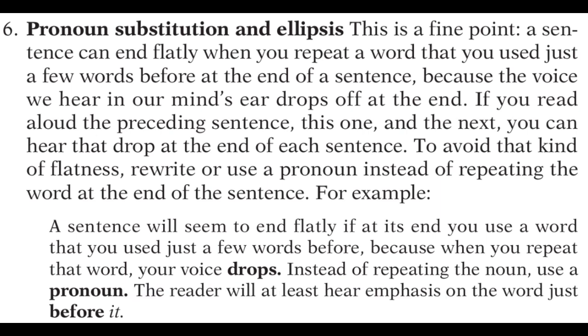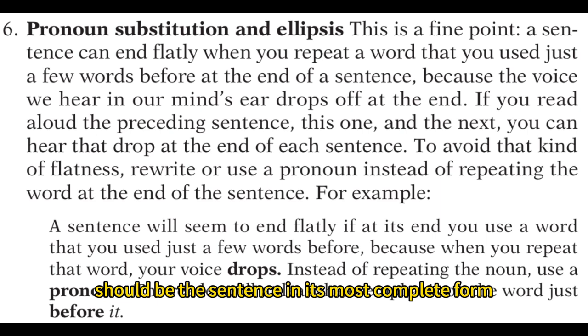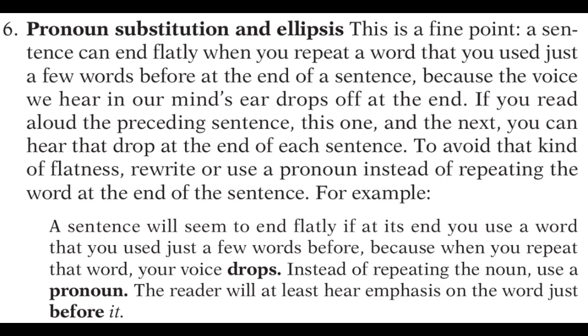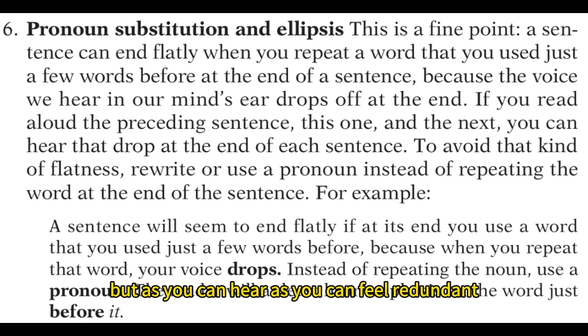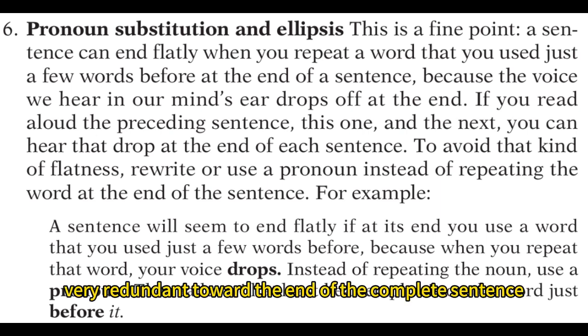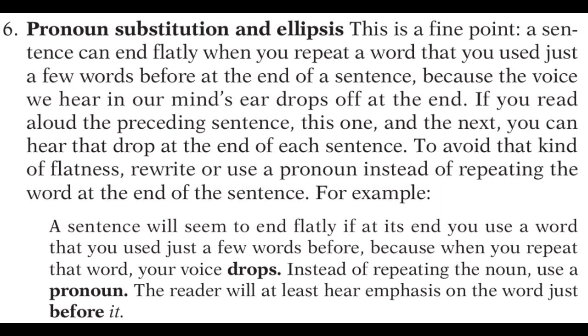This should be the sentence in its most complete form, with nothing omitted. But as you can hear, as you can feel, it is very redundant toward the end of the complete sentence, because you're repeating what has been said previously.